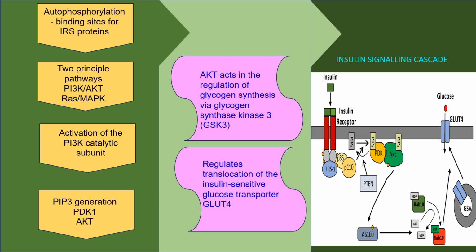PI3 kinase catalyzes the phosphorylation of phosphatidylinositol bisphosphate at the plasma membrane to PIP3, which then recruits PIP3 dependent kinase, that is PDK1, and AKT, allowing PDK1 to phosphorylate and activate AKT. Activated AKT phosphorylates and inactivates the AS160 RAB GAP, which plays a critical role in trafficking of GLUT4 storage vesicles to the plasma membrane and surface expression of GLUT4.